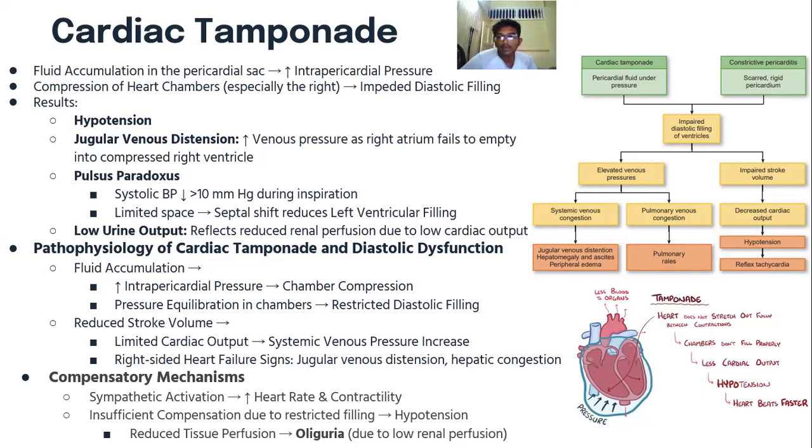Now let's look at the pathophysiology of cardiac tamponade and diastolic dysfunction. In tamponade, the rapid or excessive accumulation of fluid within the pericardial sac creates a high pressure that surrounds the heart. This increased intrapericardial pressure compresses the cardiac chambers, especially the right-sided ones, which have thinner walls and are more susceptible to compression.